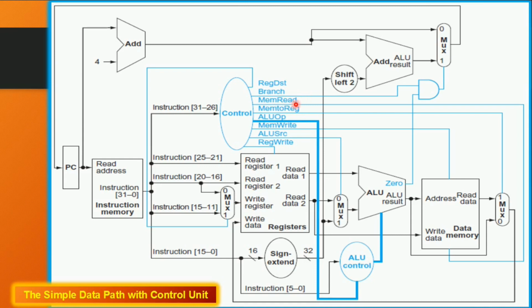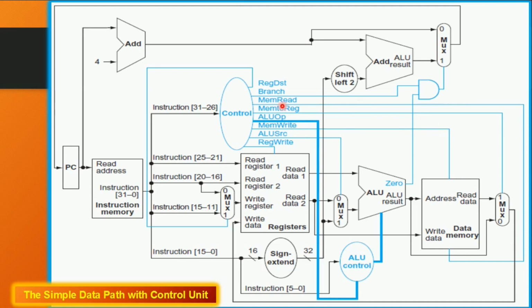The third signal is memory read. If I want to load any data from the data memory to a register, at that time only I am going to assert the memory read. If memory read is asserted, I can read the data from the data memory. If I want to write any data to the data memory, at that time memory write has to be asserted.